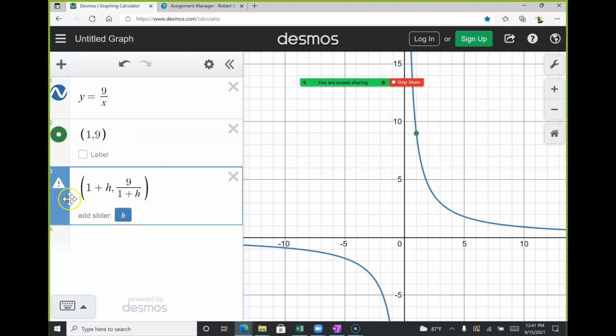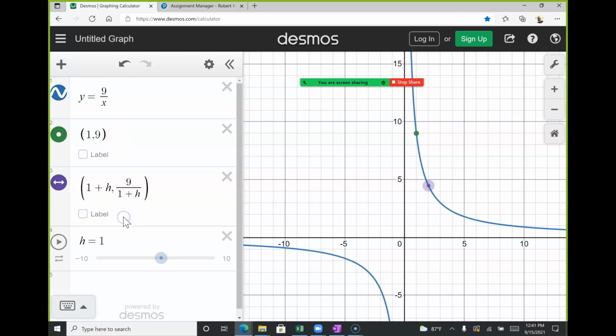And Desmos is asking me for a slider, and that slider will allow me to change that second point. Kind of cool. I can see the fixed point where I want my tangent eventually, and I can see the second point of my secant line, and I'm going to graph the secant line through there. Is everybody with me here? You okay? Nice.